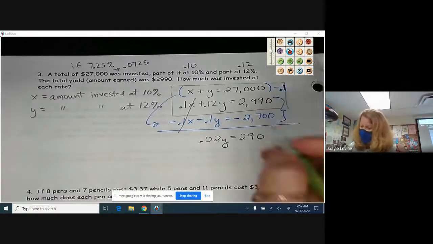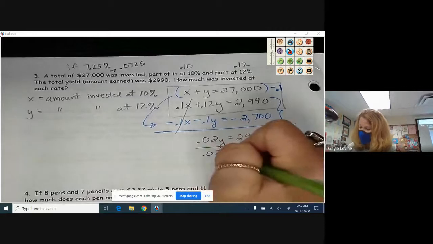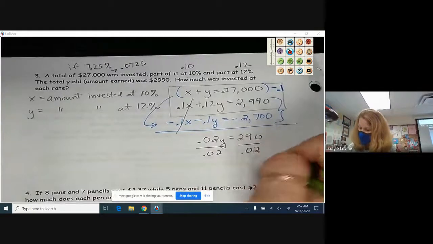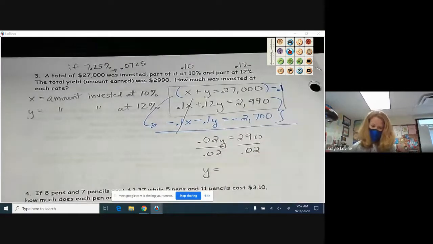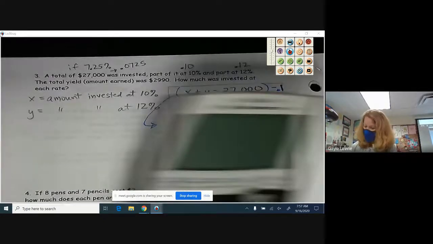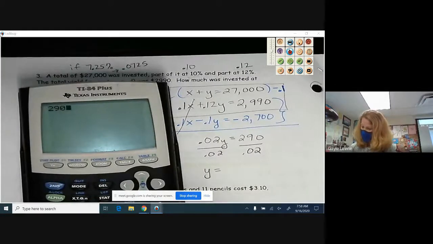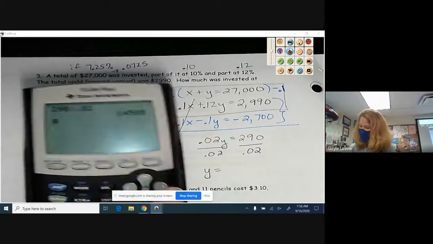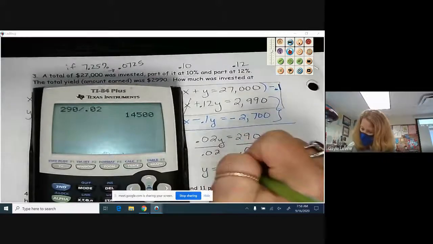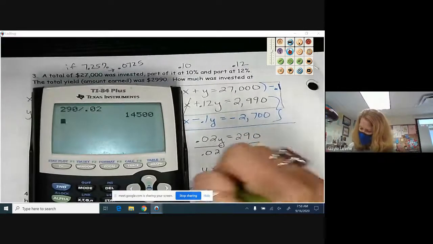So we're going to divide each side by 0.02. And when you do that, you should get a nice number. So I have 290 divided by 0.02, and I'm getting $14,500.